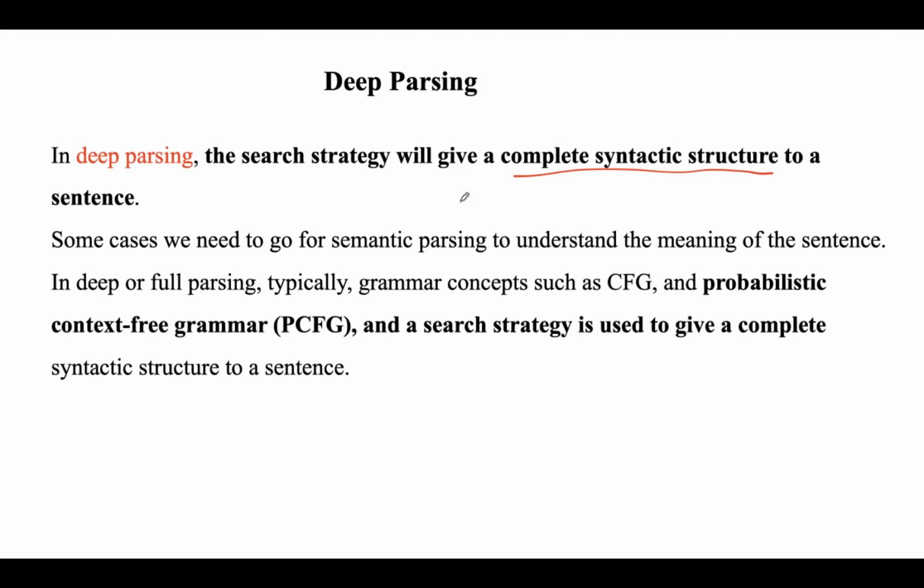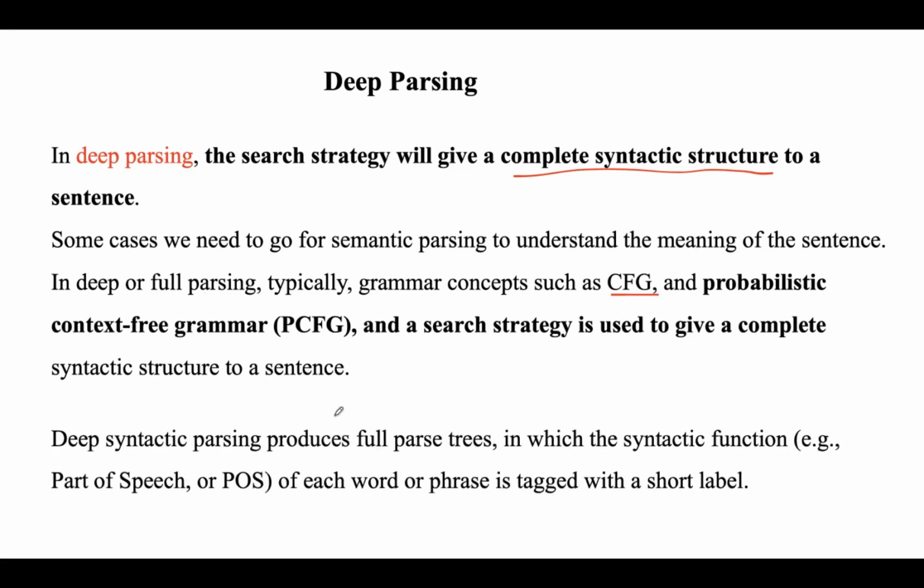We can't go with shallow parsing in that case because we need to understand the meaning of a sentence. In deep or full parsing, grammar concepts like context-free grammar or probabilistic context-free grammar, and search strategies, are used to give a complete syntactic structure to a sentence.